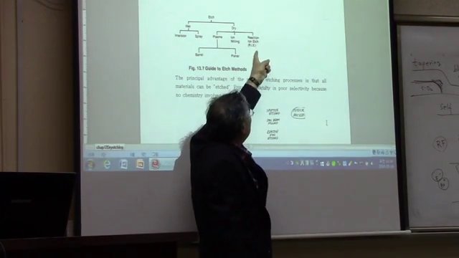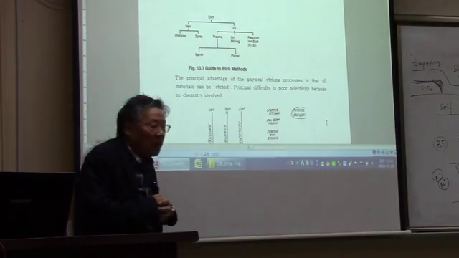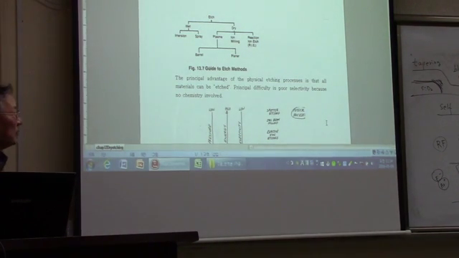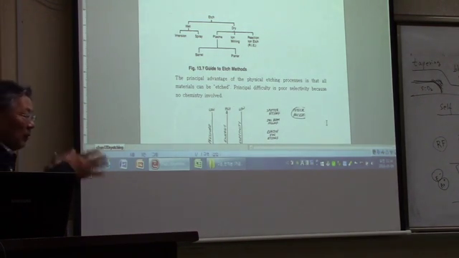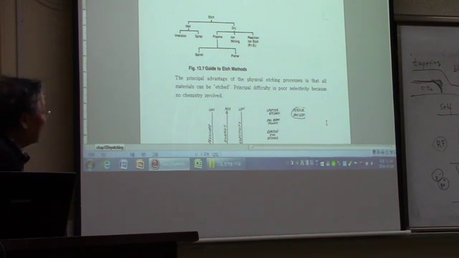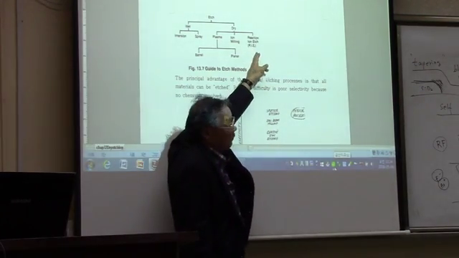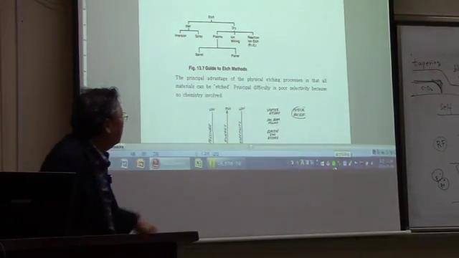RIE has some chemical reactions inside it, but a physical process should be involved to have dimensional control and create anisotropic etching. And that is the most popular method for dry etching in industry.